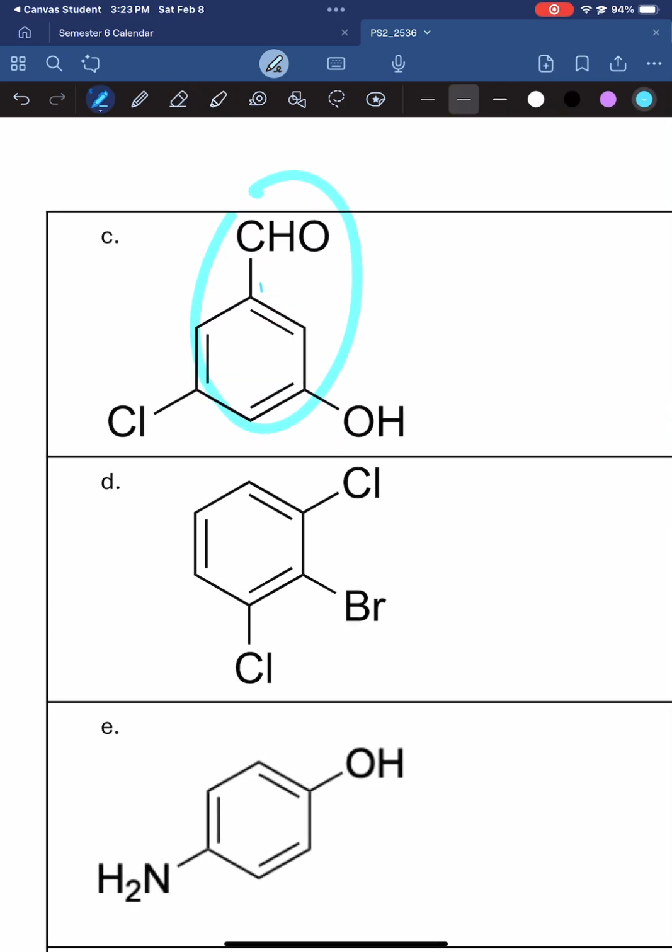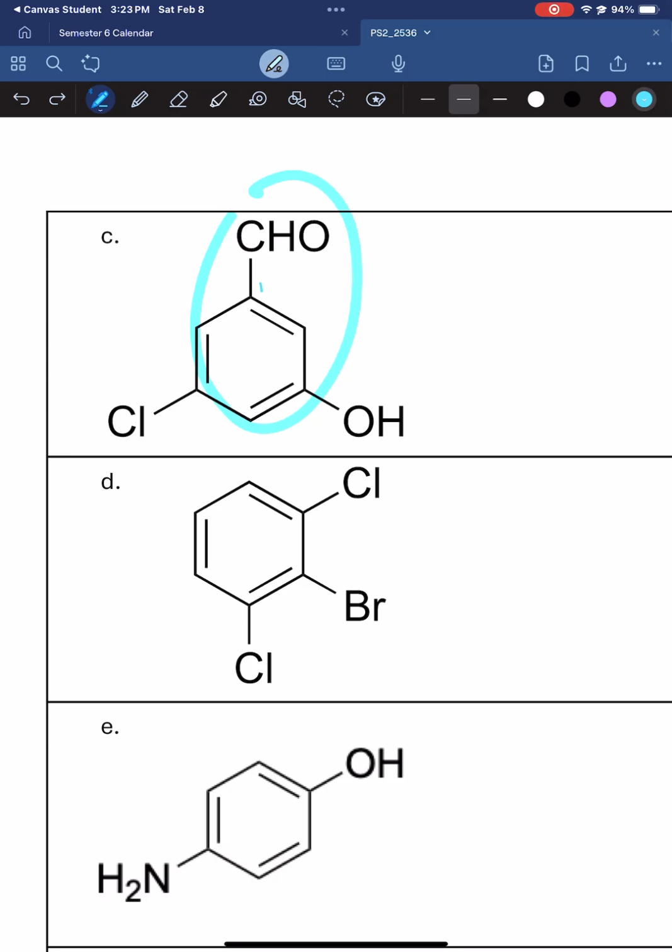Once we have a parent chain, all the other side chains are going to drop down to be substituents, and they're going to functionally be the same power level, priority level. So sometimes people will want to go to the right, 1, 2, 3, because they think that OH is higher on the list than Cl for priority, which is technically true, but since we have a benzaldehyde here already, they're going to functionally be the same, and we're going to name based on alphabetical order.